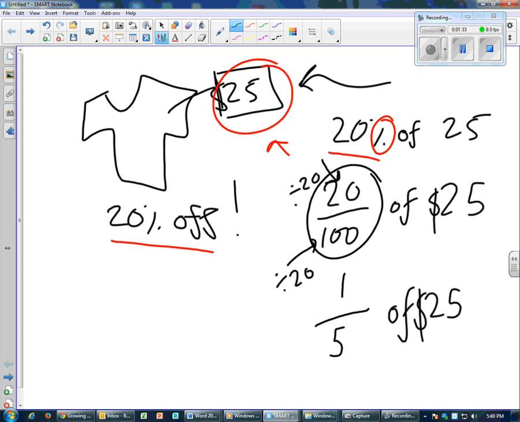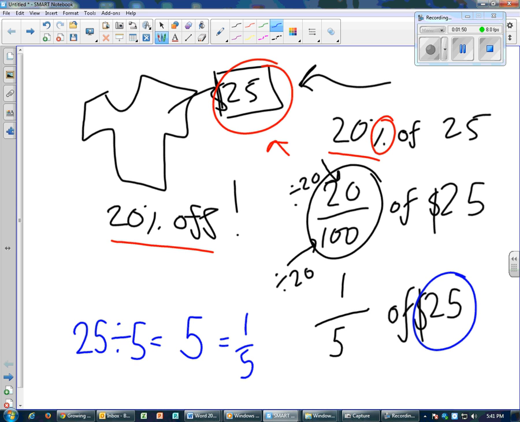Well, to find that out, we've got to go 25 divided by 5, which of course equals 5. So 1/5 of $25 is 5. 1/5 of $25 is $5.